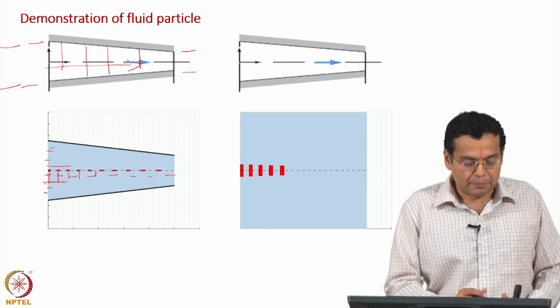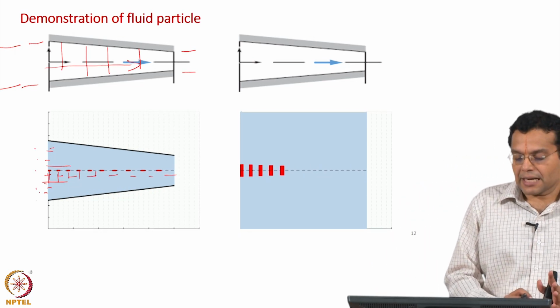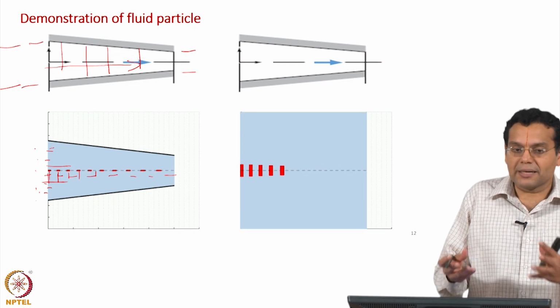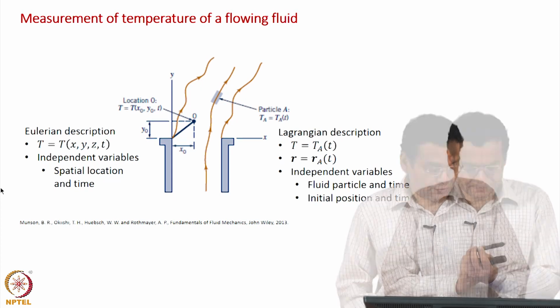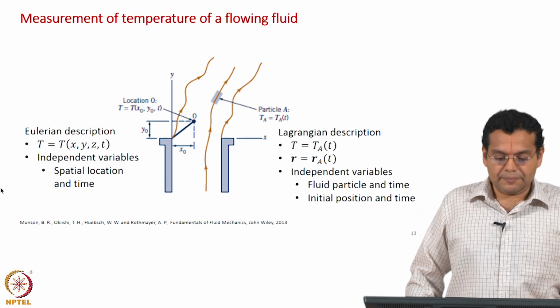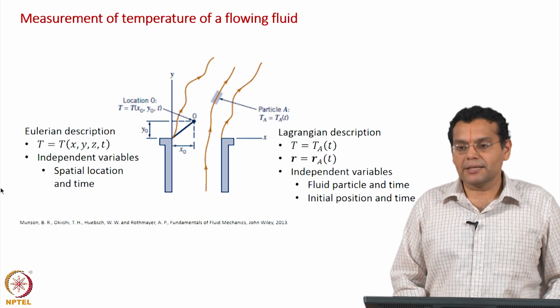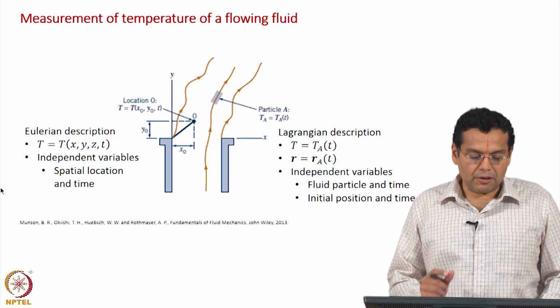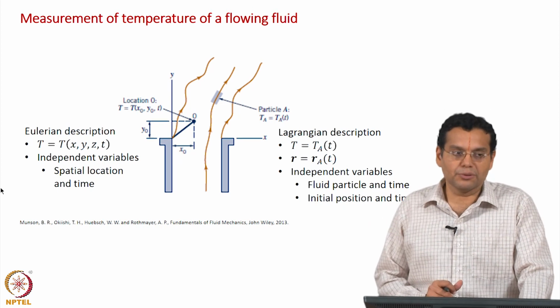By considering several fluid particles, we can describe the entire fluid in terms of fluid particles. Some idea about what a fluid particle is. Now, we can distinguish between the two approaches of fluid flow description, namely the Eulerian description and the Lagrangian description, and that is what we are going to do now.